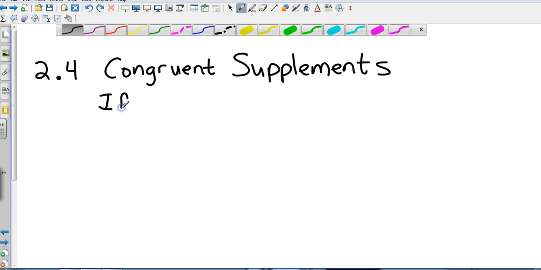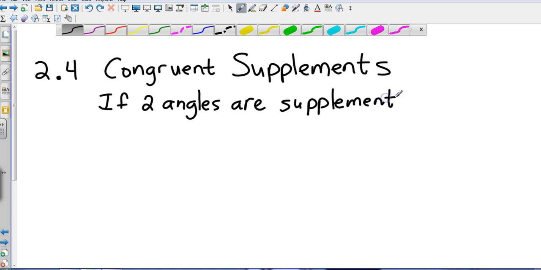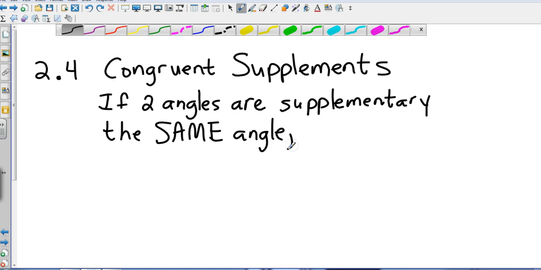If two angles are supplementary to the same angle, then they are congruent.